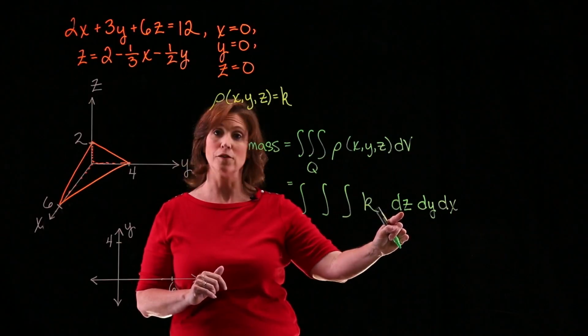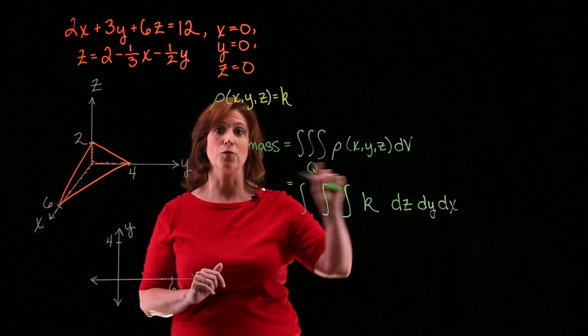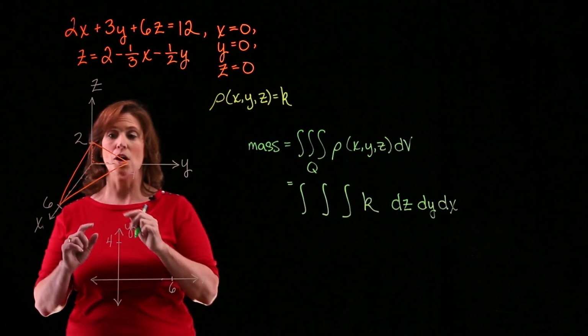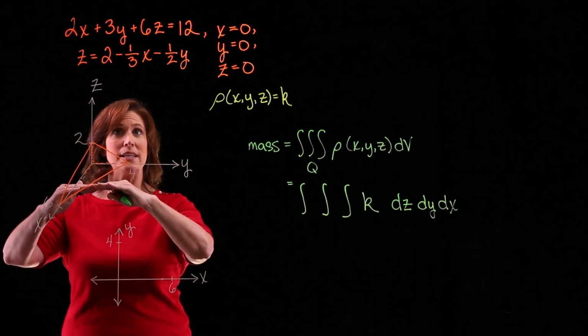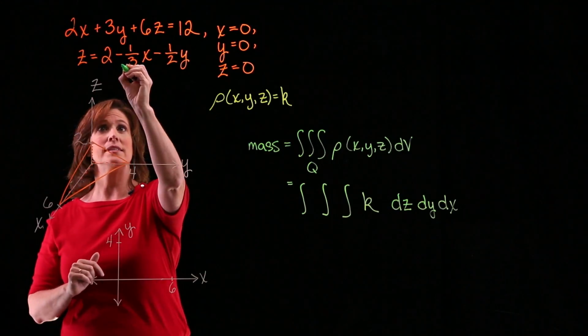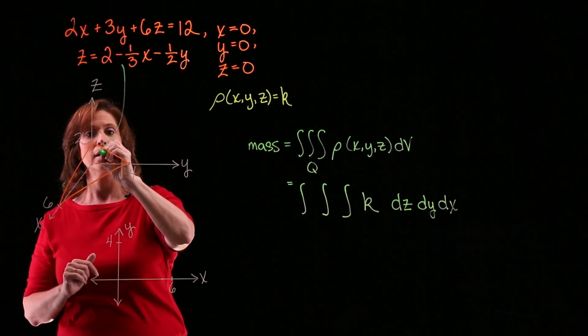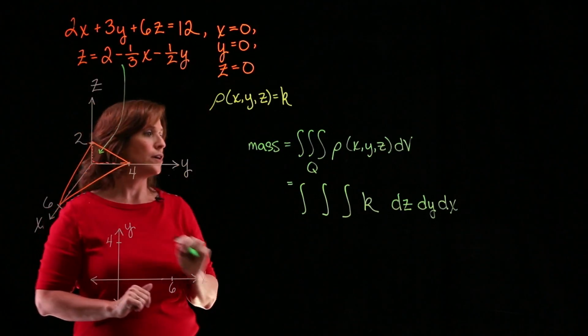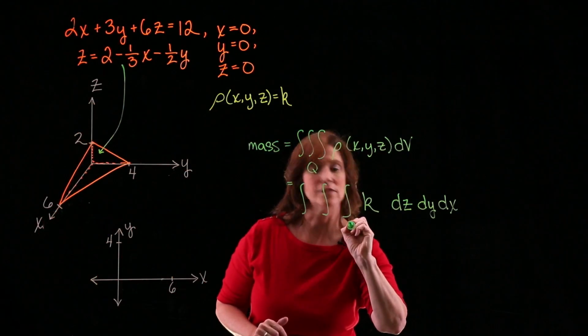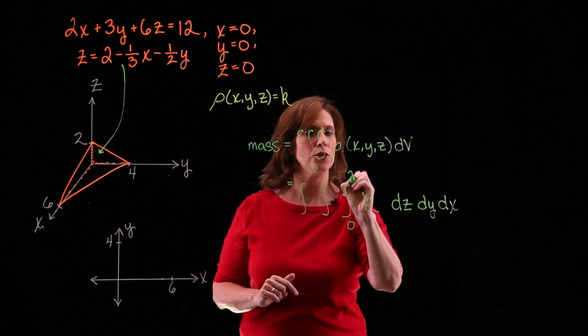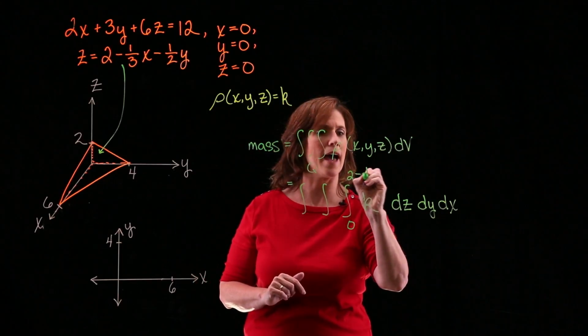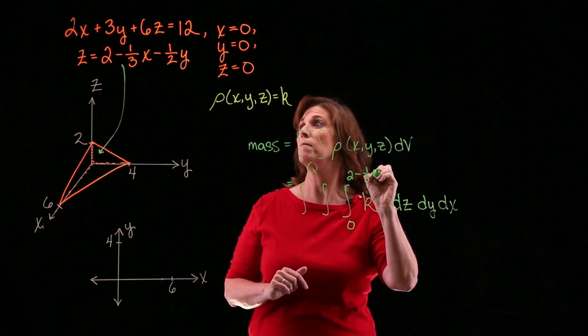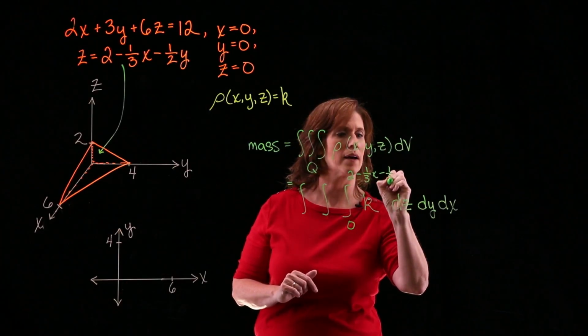So let's take a look first of all at my limits of integration for dz. All right, so I'm going to go from 0 up to this particular plane. So my limits of integration are 0 and 2 minus 1/3 x minus 1/2 y.